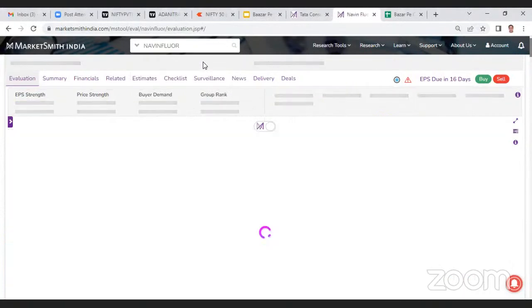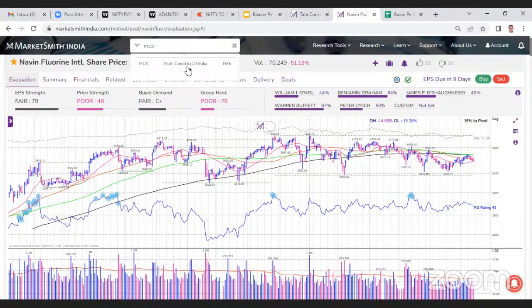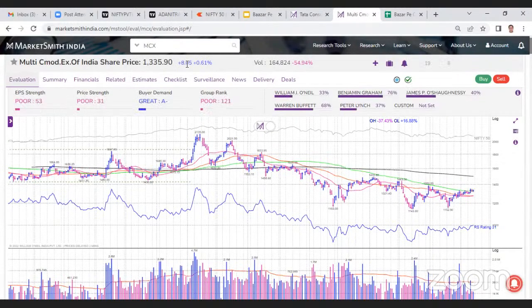Then Navin Fluorine. MCX, you want to take? MCX is comparatively positive, compared to BSC. But the structure of MCX is also negative. On the monthly or weekly chart, it has some sort of support, placed around 1250.